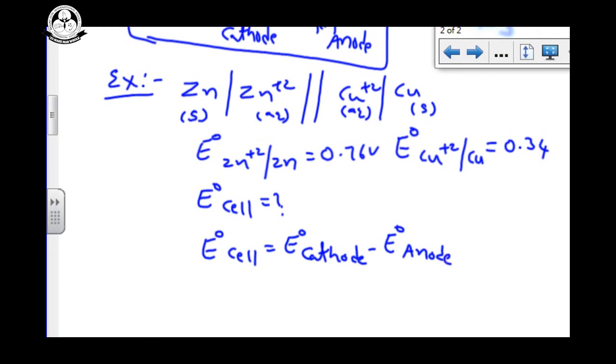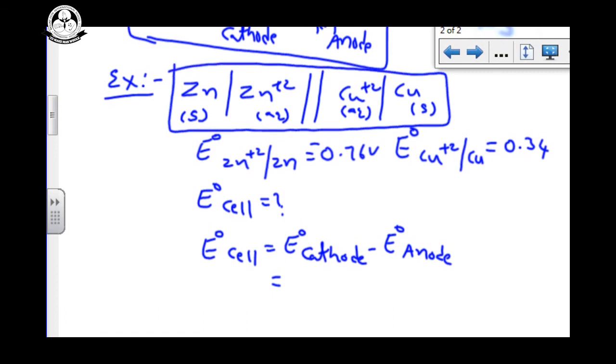The value of zinc is minus 0.76. In cell representation, left side is anode, right side is cathode. So cathode is copper, Cu plus 2 bar Cu, minus E naught anode, Zn plus 2 bar Zn.